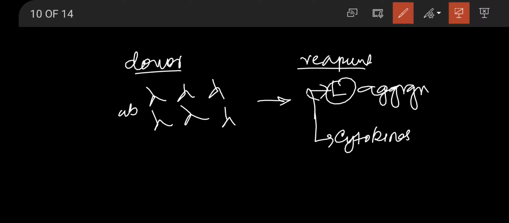So because of this leukocyte aggregation, small blood capillaries can be blocked, or it can cause capillary permeability. So fluid oozes out. So it is causing non-cardiogenic pulmonary edema.